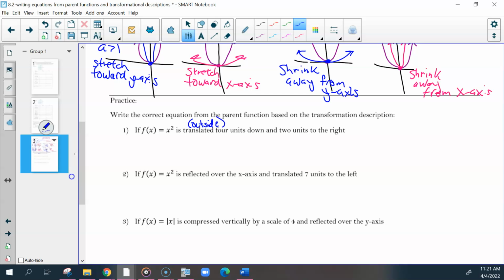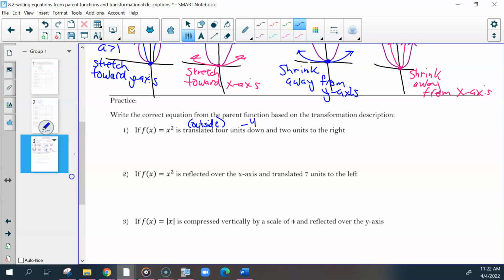And then if we were to write translated down 4 units, how would we write that part, using our K or H or A, whatever it might be? -4, not the X part, just -4.